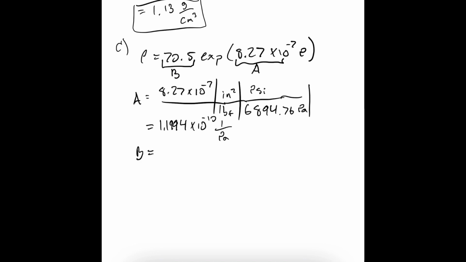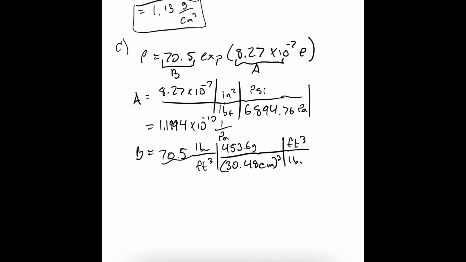And then B equals 70.5 pounds mass per foot cubed, and this equals 1.1293 grams per centimeter cubed. I'm putting a bracket around those.